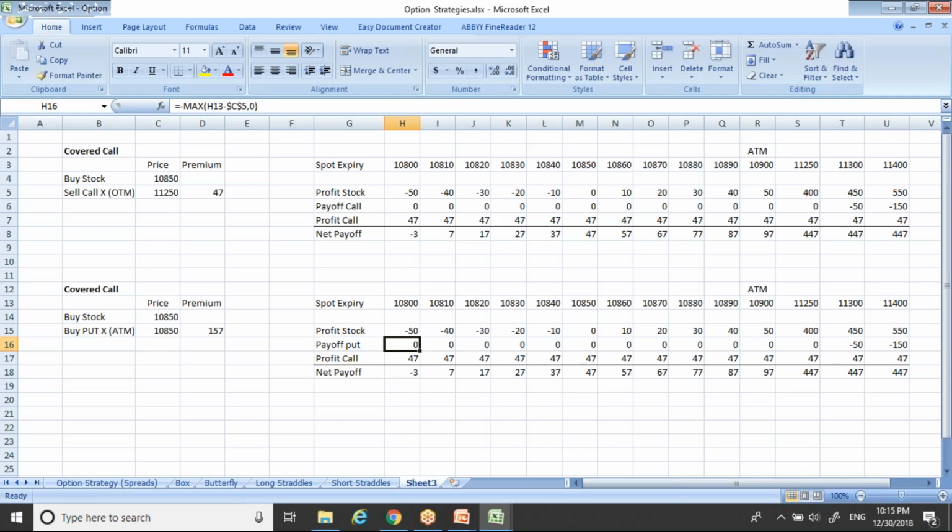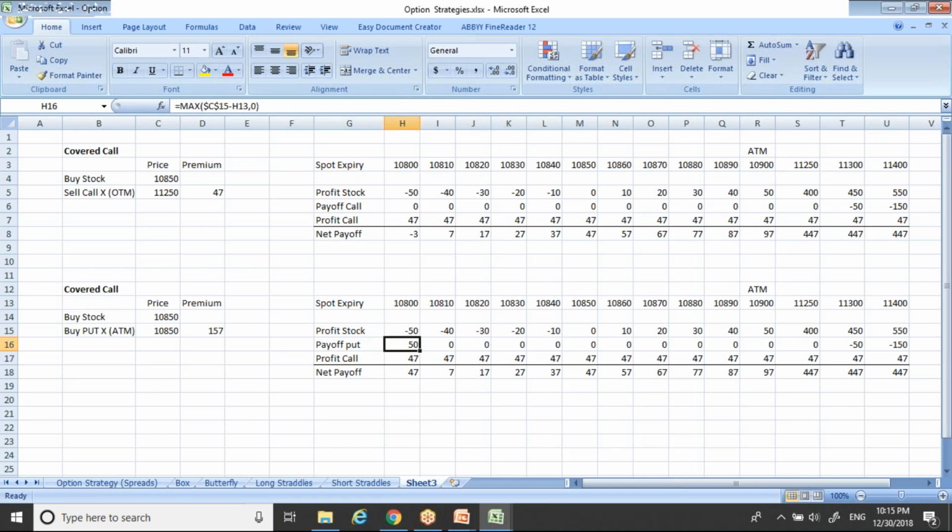So the payoff of put would be max of strike minus spot price, or 0. So I'll put this strike here, lock it. So here the payoff is 50 if the price goes down.